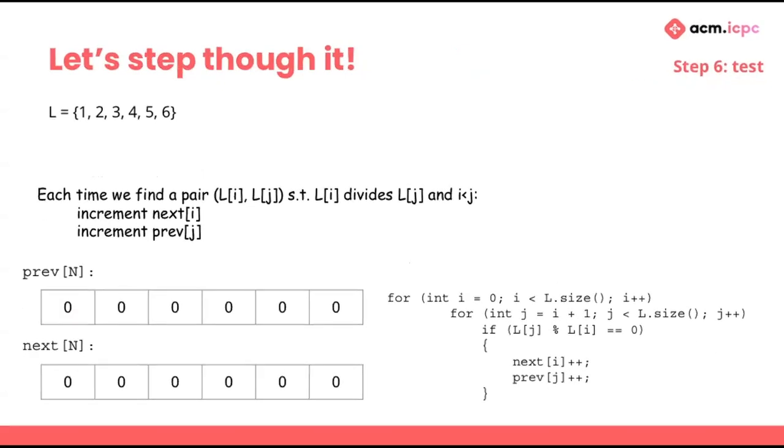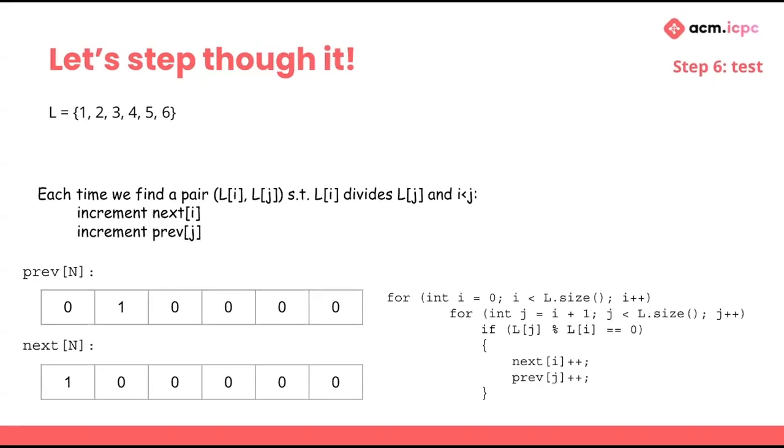So let's step through it with an example. We will just take an example from the task, but you definitely can choose your own example, as I said. So we have this array 1, 2, 3, 4, 5, 6, and we will just step through this code on the right. So the first pair we compare is 1, 2. 1 divides 2.